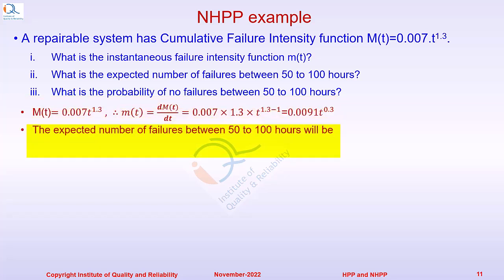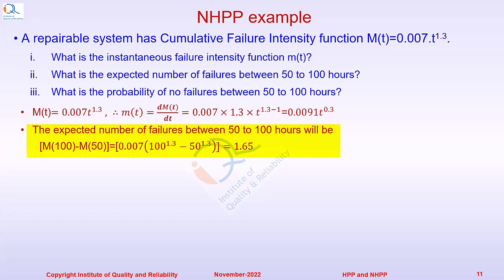The expected number of failures between 50 to 100 hours will be given by the difference between the function capital M of t for 100 and 50. So we calculate the function at the two time values, that is t1 and t2, to get the expected number of failures during the interval as 1.65.